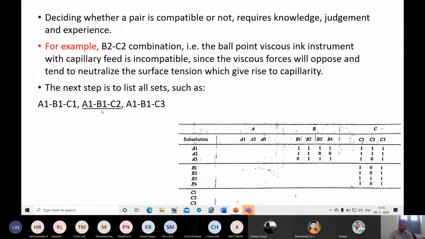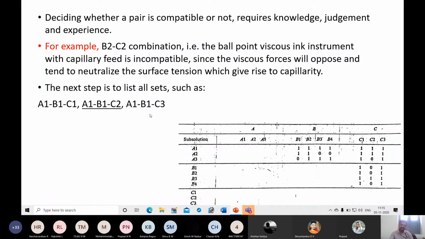Here you can see I have underlined this combination, which denotes that it is incompatible. Next, A1, B1, C3. A1, B1 is compatible. A1, C3 is also compatible. Next, B1, C3 is also compatible. That's why this complete combination is compatible in the initial stage.